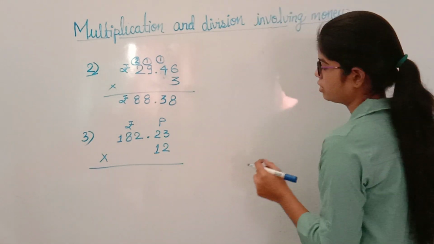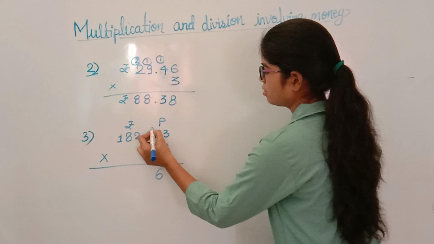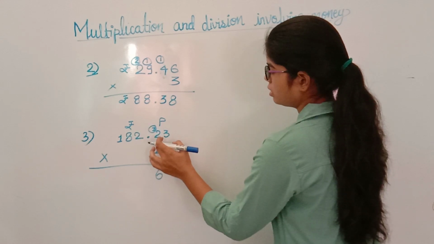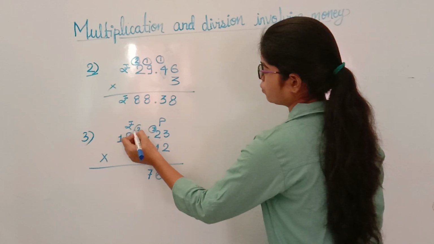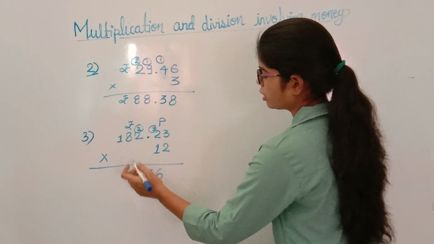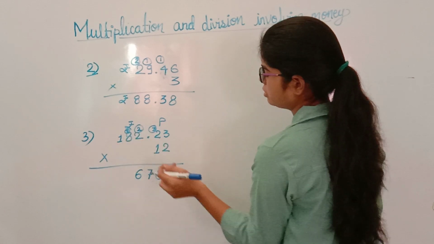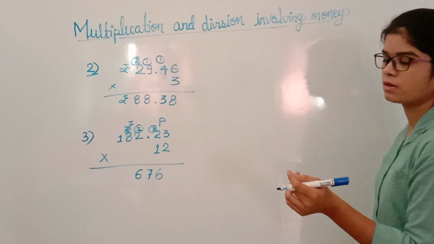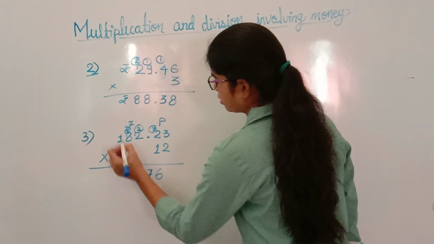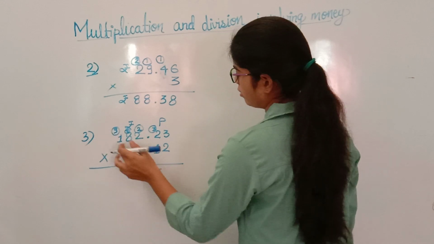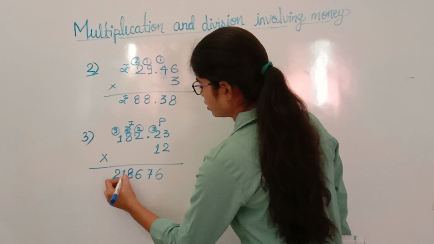So how to solve it? 12 3s are 36, carry 3. 12 2s are 24 and 3 is 27, carry 2. 12 2s are 24 and 2 is 26, carry 2. 12 8s are 96 and 2 is 98, carry 9. 12 1s are 12 and 9 is 21.